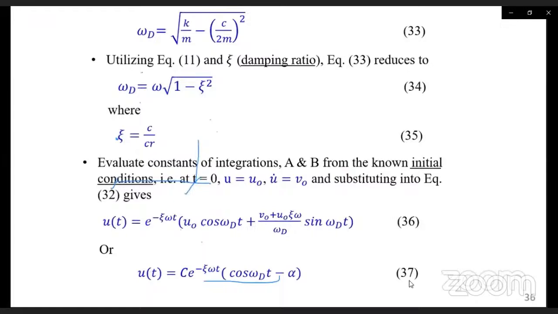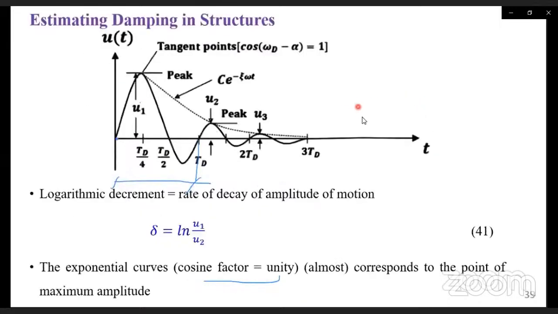The maximum value of equation 7 is when this component here is equal to 1. All right.